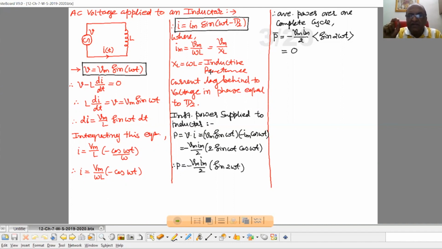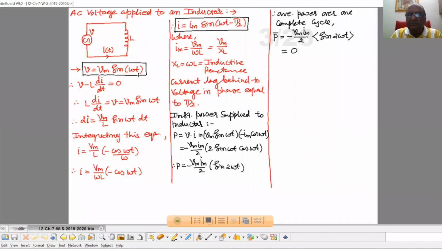Inductive reactance is nothing but the resistance offered to the circuit by the inductor when it is connected with an AC supply.